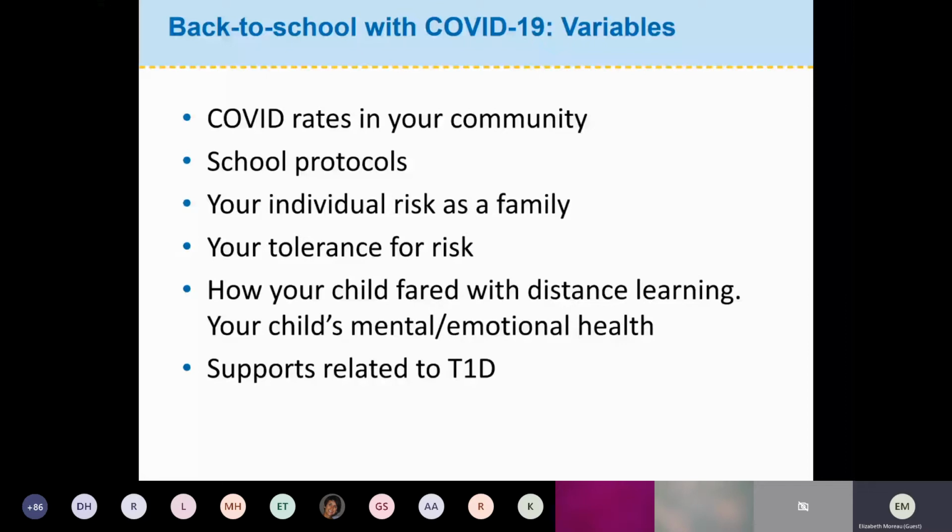Someone who's immunocompromised, that's a different consideration. So that individual risk as a family is a really important consideration. Regardless of those, your own tolerance for risk is also a consideration, because as long as there's virus out there, there will always be some risk, even if it's very, very low. Different people have different comfort levels with risk. So you need to think about that.